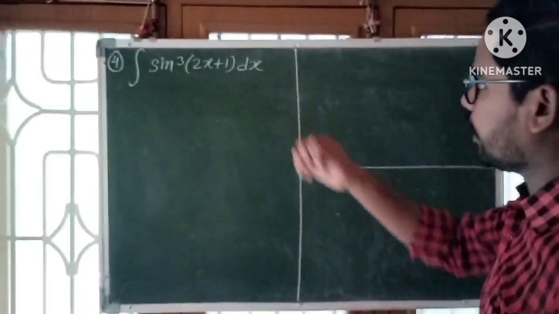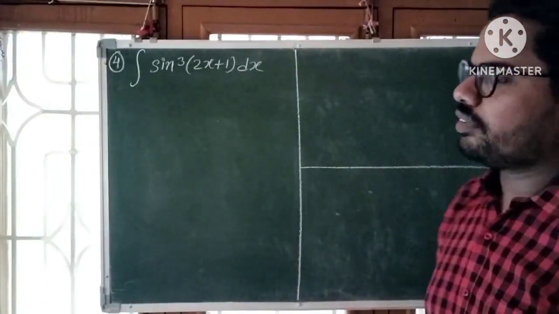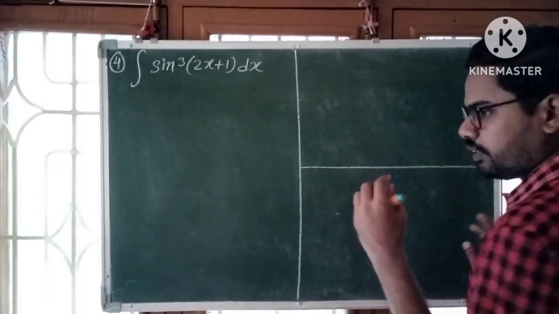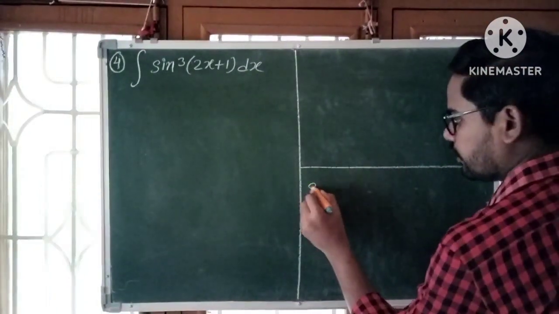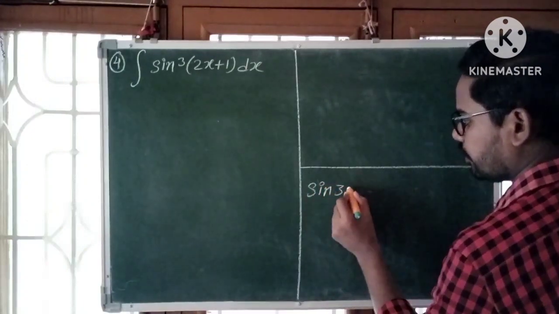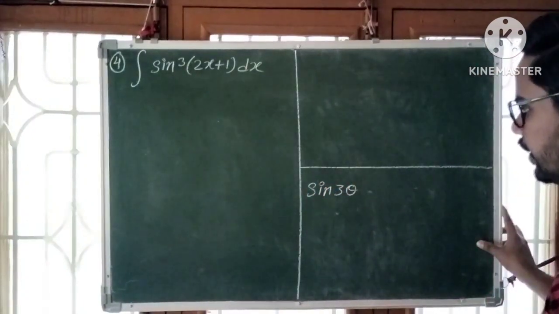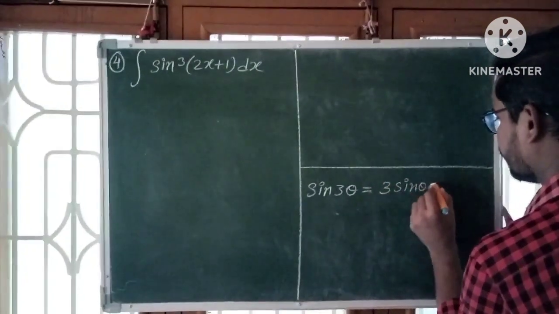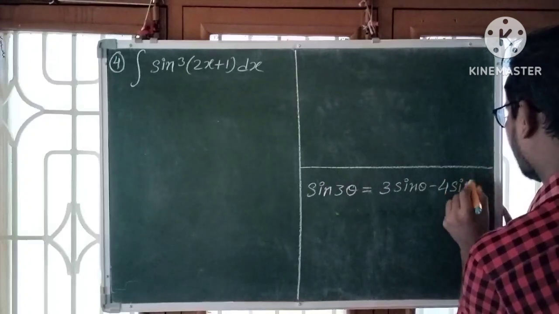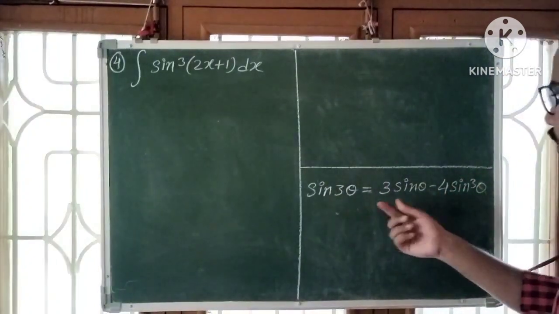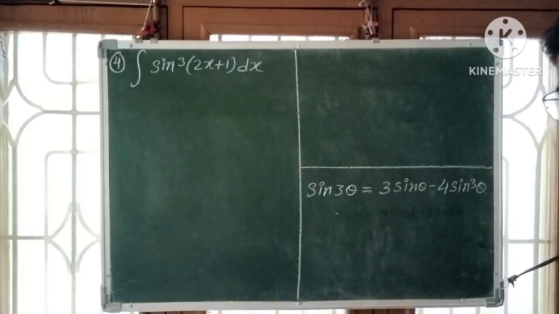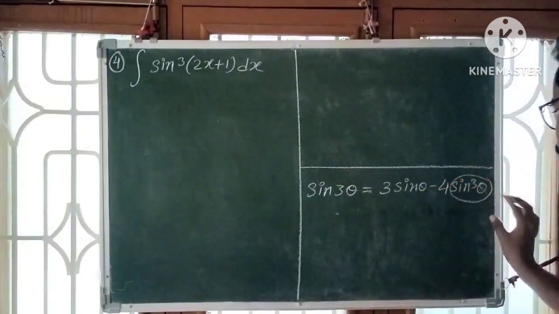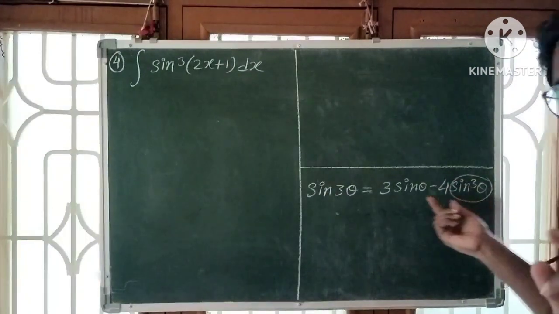Where we observe sine cube theta, we have multiple angle formulas. The sine 3 theta formula is 3 sine theta minus 4 sine cube theta. So we have a sine cube theta term in sine 3 theta.